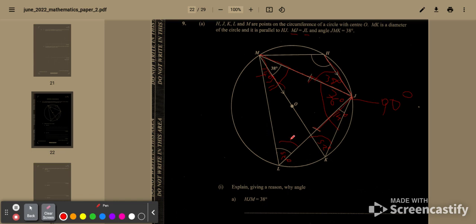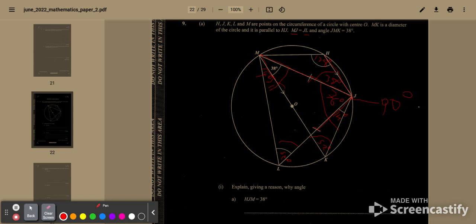Being that it is opposite to MHJ, at H it has to be supplementary, it has to add up to 180. So 52 plus what gives you 180? It'll be 180 minus 52. So this means that this angle here is 128 degrees. So we found that. If you add these two up, you get back 180.